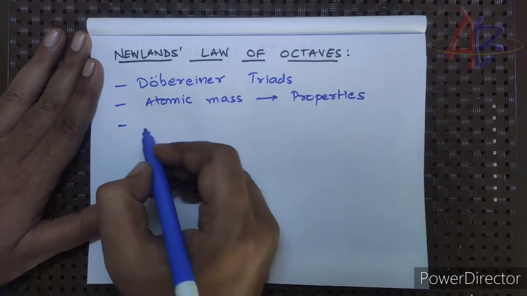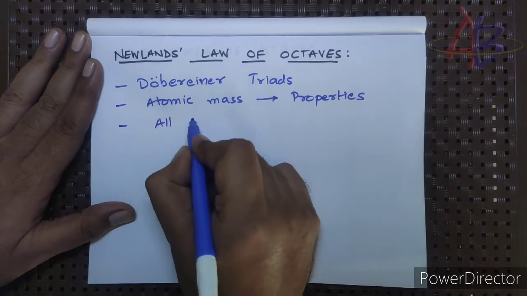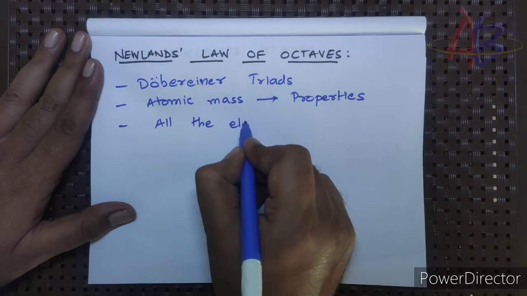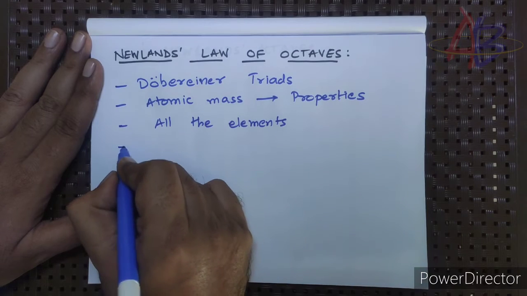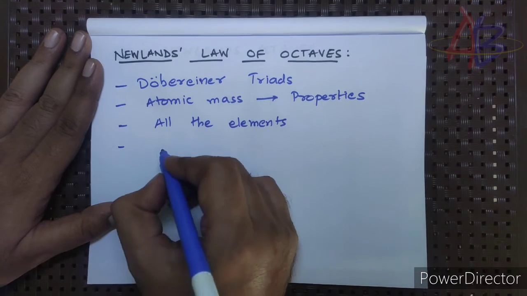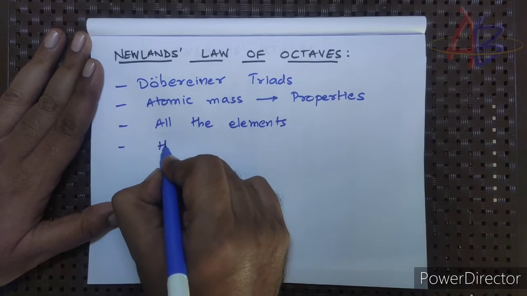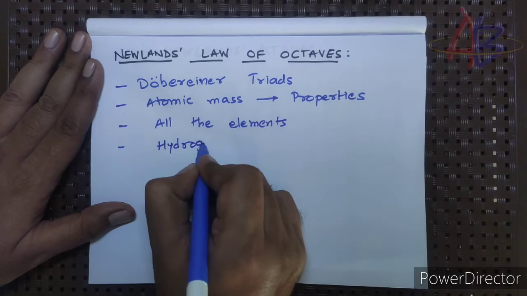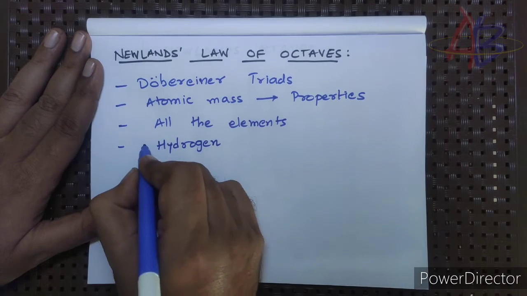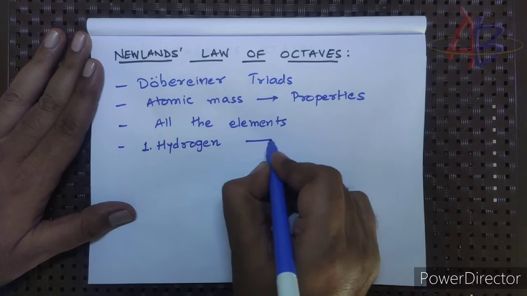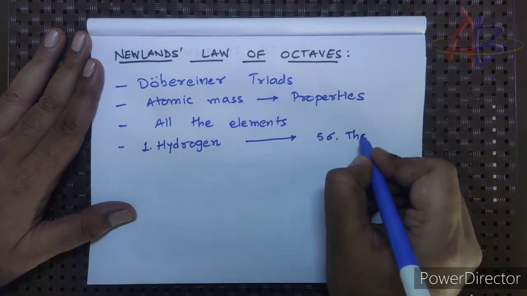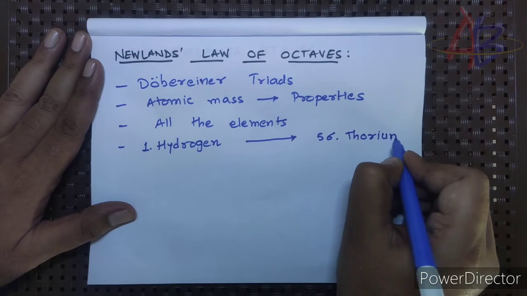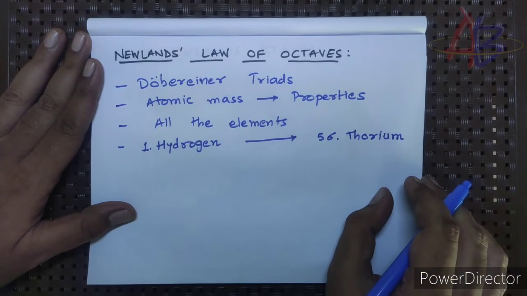He arranged all the elements known in his time in the ascending order of their atomic mass. He started from the element with the lightest mass, that was hydrogen. He gave it number 1 and went all the way up to thorium, and he gave it number 56.